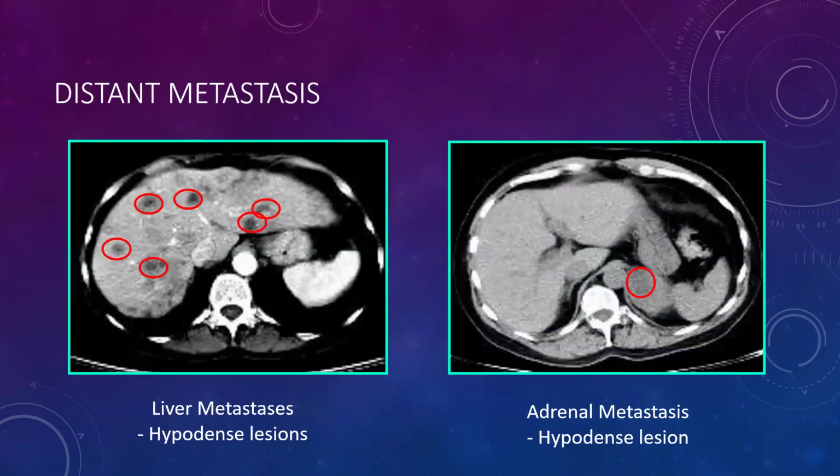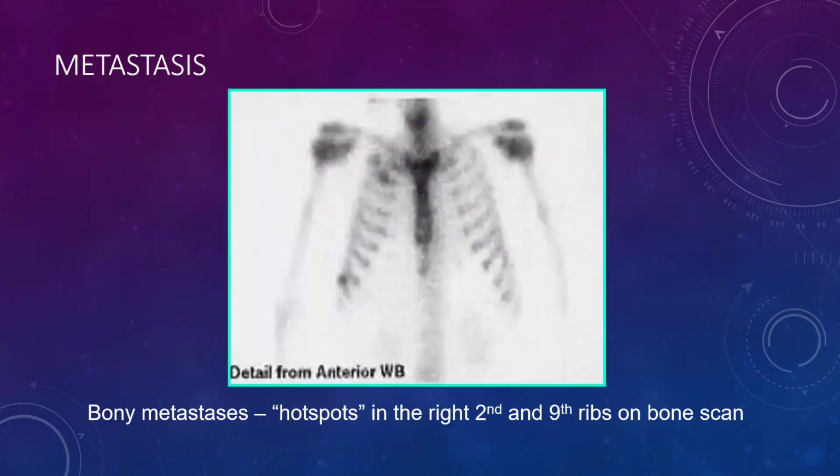You can also see hypodense lesions, which will mean that there is liver metastasis, or a hypodense lesion in your adrenal gland, which would point to an adrenal metastasis. And when you do your bone scan, you would find these hot spots. So these darker areas are hot spots, which show you that there are bony metastases.